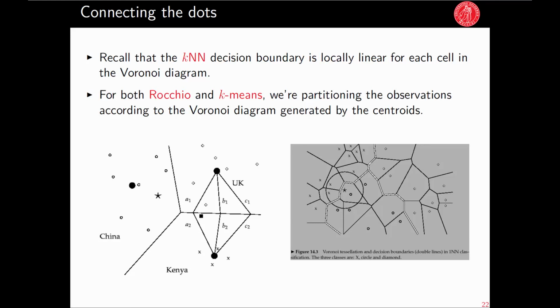Essentially this is just the Voronoi tessellation defined for these 3 points, the centroids. And since we only have 1 point for each class, namely the centroid, as we just talked about with the tessellation for KNN, that is locally linear for each point, or for each class in this case.